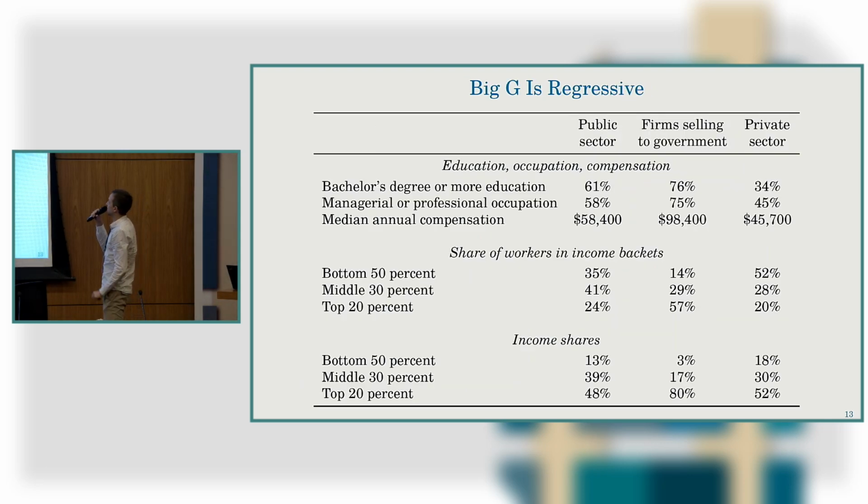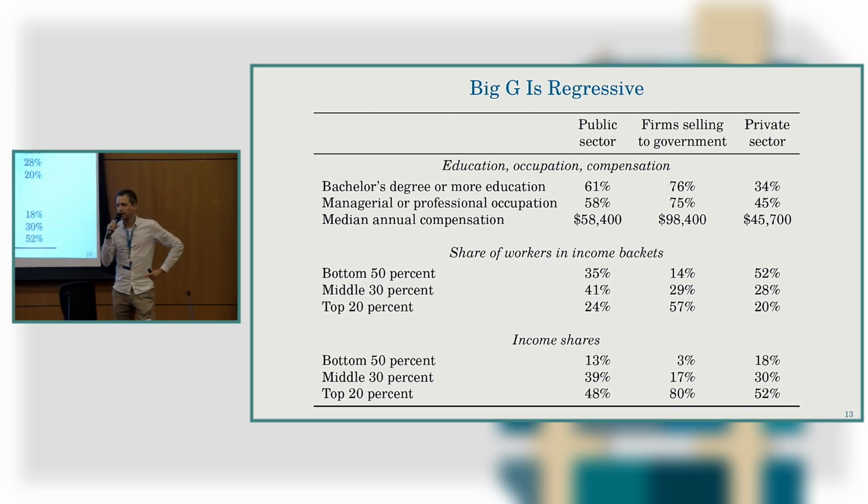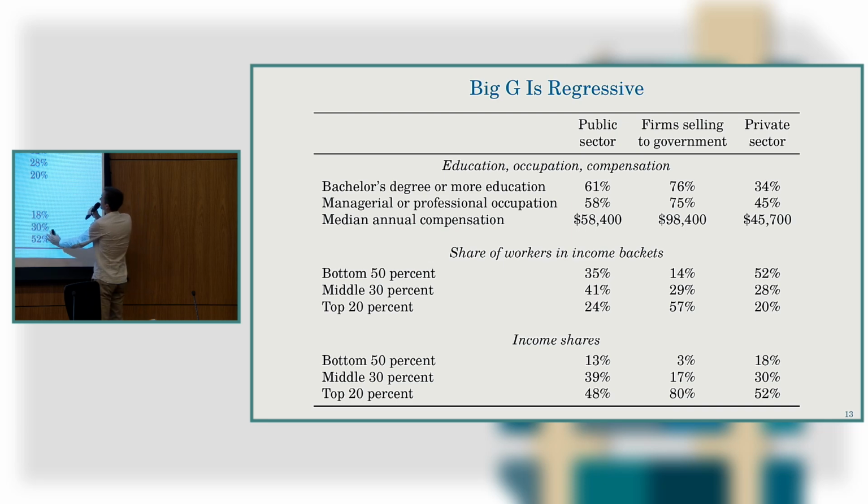So what we have here in this table is data from the CPS, the Current Population Survey. These are statistics for all workers in the private sector in the US over the last two decades. On average, 34% of all workers in the economy have a bachelor's degree or more, and they earn a median wage of $46,000.